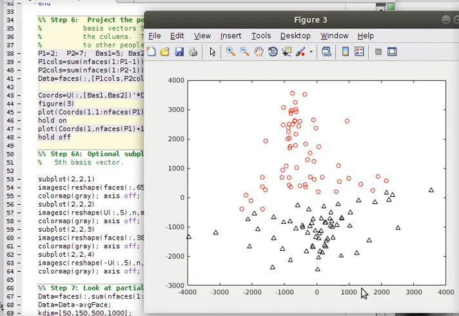Eigenface 5 is down below here, and you see that both black and red dots, or black and red photos, are both kind of distributed across eigenvector 5. But in eigenvector 6, at 0, there's a line here that's separating person 2 from person 7. And so it would be interesting to see, why is there this line here?